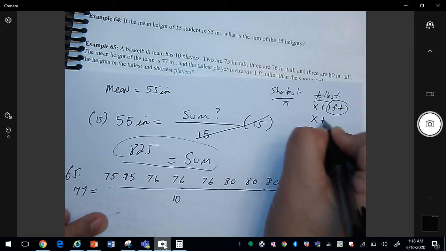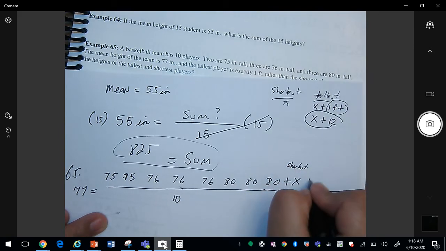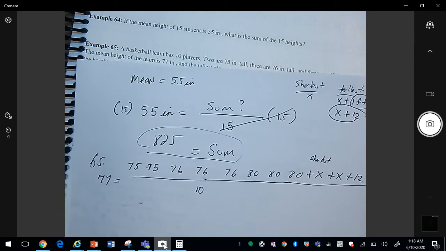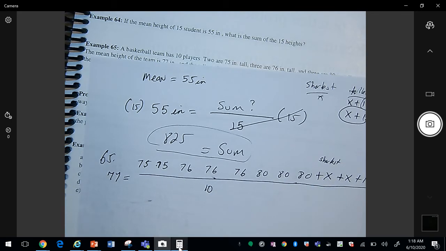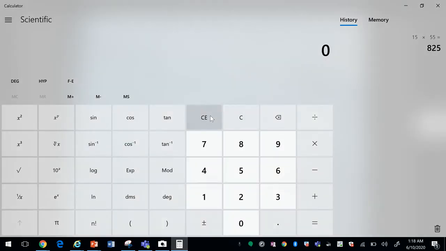So this would be X plus 12. Now we need to add all these numbers. 75 plus 75 plus 76. Let me start over.